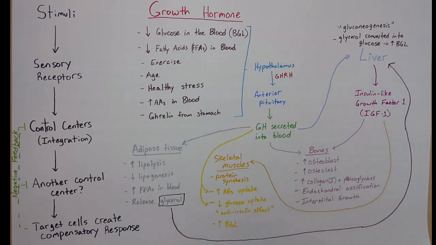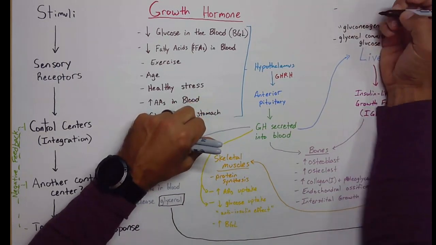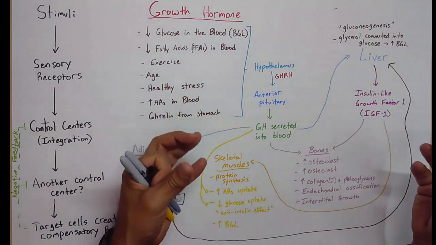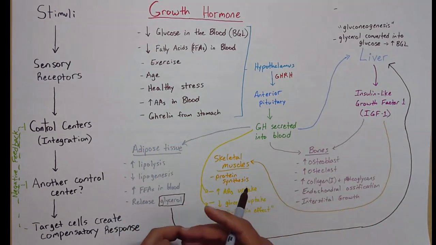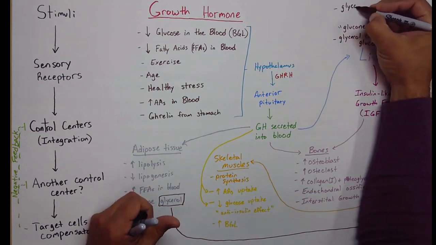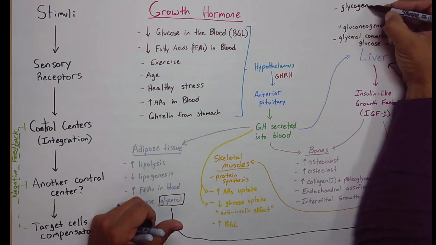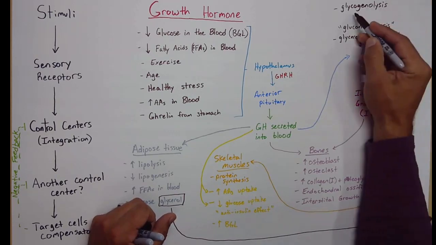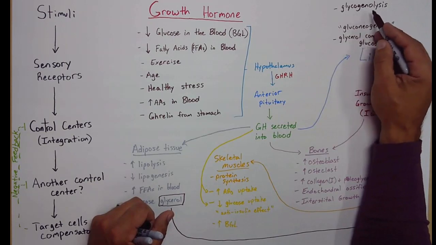We're not done yet, because the liver also stores glycogen. And glycogen is just big, long chains of glucose. It's stored glucose. So if I take glycogen and I break it down, glycogenolysis, lysis meaning to break down glycogen.